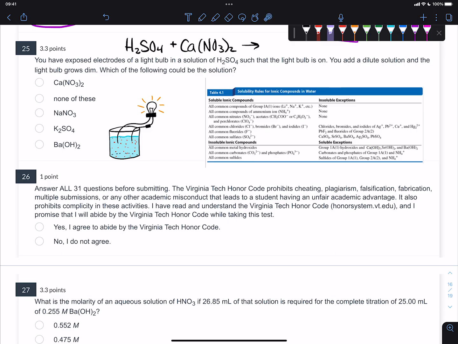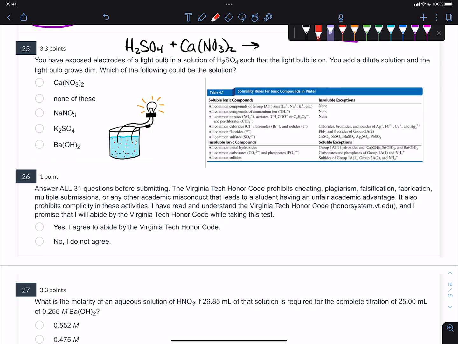This is just adding more ions. You're adding calcium and nitrate ions. Calcium nitrate is pretty soluble, and for that reason, it's going to just stay as a bunch of calcium and nitrate ions in addition to the hydrogen and the bisulfate ions you already have, and it's not going to reduce the number of ions in the solution.